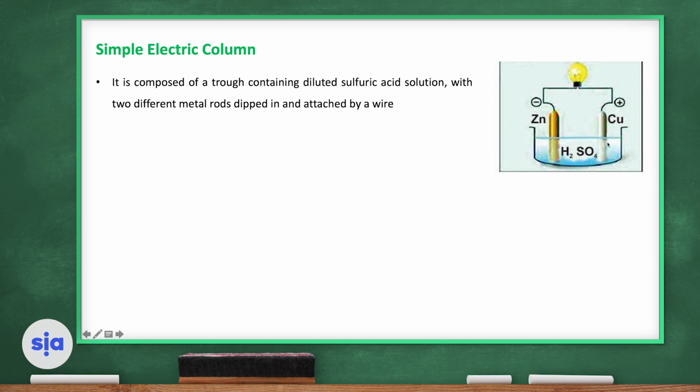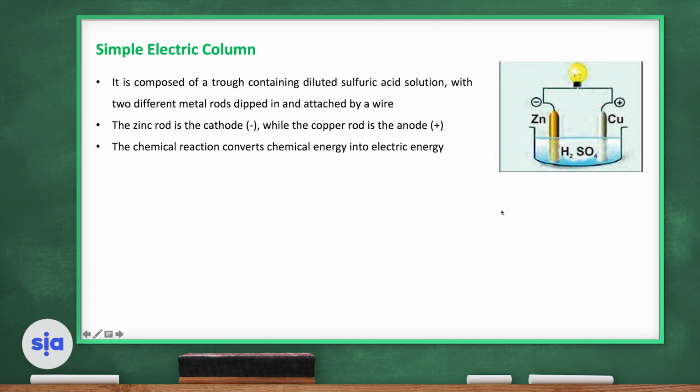The two metals are zinc and copper. Zinc is at the cathode, the negative pole, while copper is at the anode, the positive pole. The chemical reaction converts chemical energy into electric energy, and the light bulb will light.